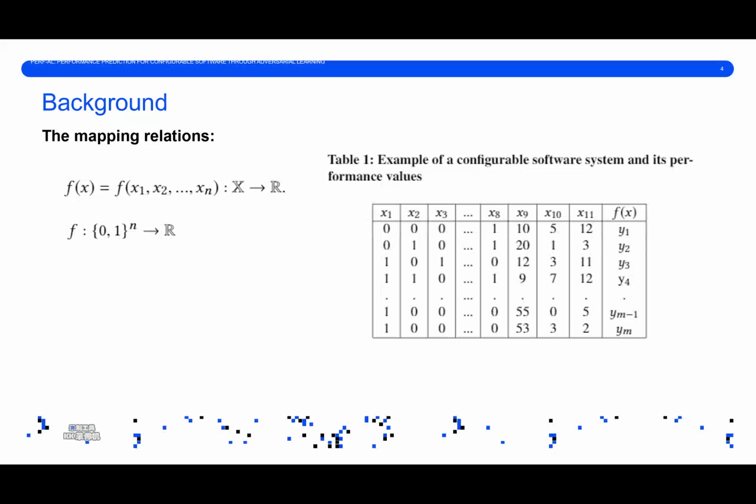In this paper, I want to solve a problem about configurable software. As we can see from the table, a configurable system has 10 options, where 8 options are binary and the remaining 2 are continuous values.